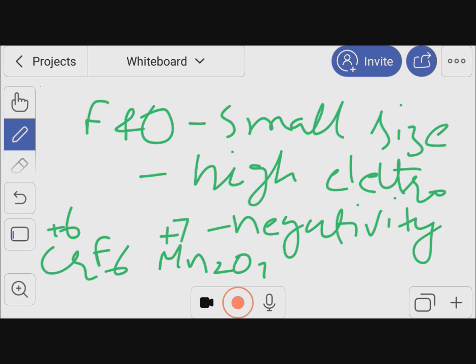It means when transition elements combine with fluorine and oxygen, they show variable oxidation states up to the highest oxidation state, meaning from +2 to +7.